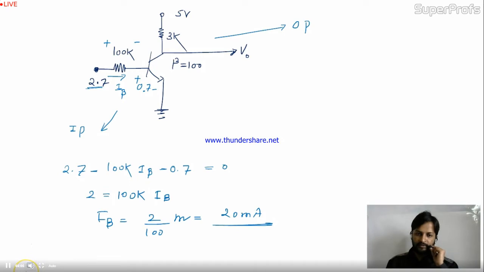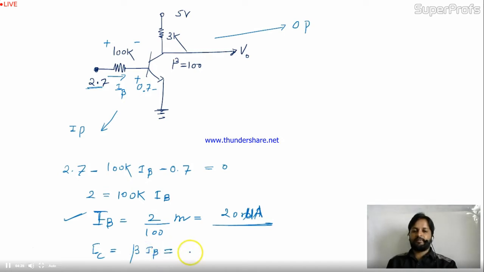So IB you calculated as 20 microampere. Once you have calculated IB, then you will calculate IC, and IC is beta IB.